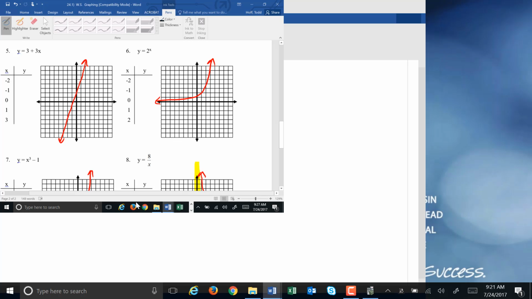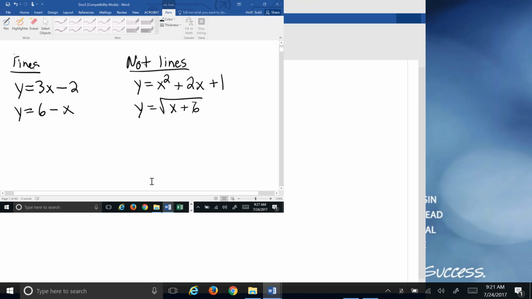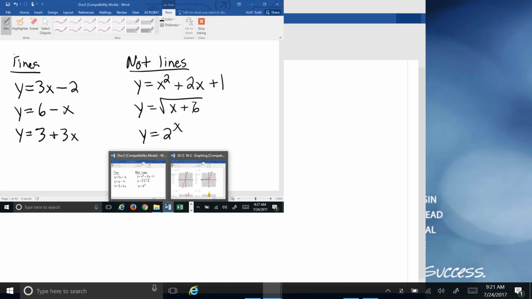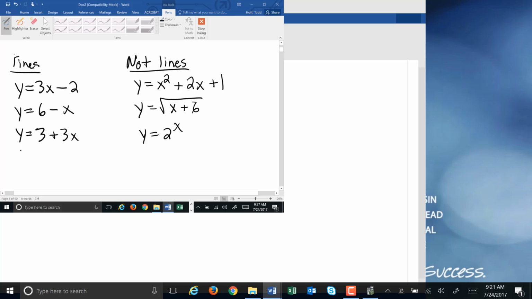We had y equals 3 plus 3x was a line. Y equals 2 to the power of x was not a line. Y equals x to the third minus 1 was not a line.